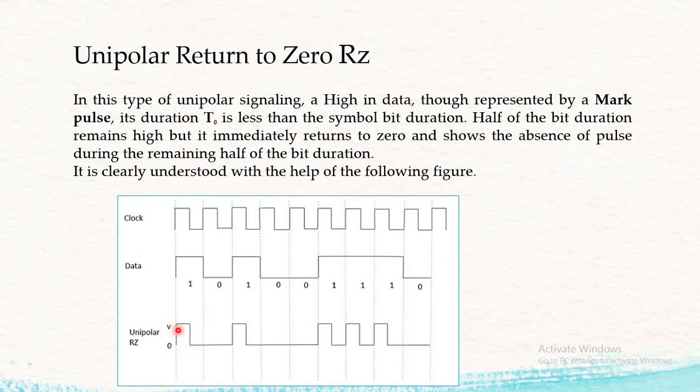Unipolar means it has a single polarity, therefore 0 and V values are there, and it is a return to 0, meaning for the first half it is present, and for the next half it returns back to the 0 value, therefore it is called return to 0. And the 0 is represented by 0. Again for the next one, the first half is high and the next half is 0.